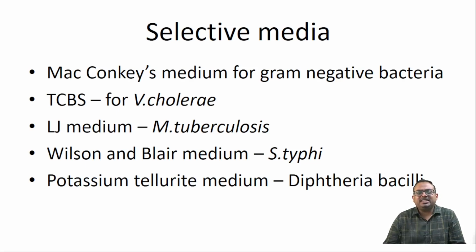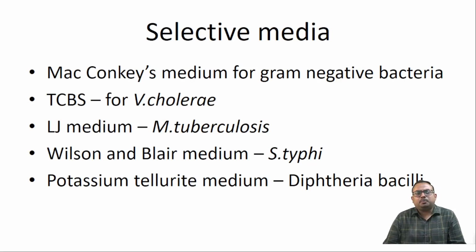Similarly, TCBS is used as a selective media for Vibrio cholerae. Similarly, LJ media, which inhibits the normal commensal oral flora over mycobacteria, is also acting as a selective media. Similarly, Wilson and Blair media is also acting as a selective media for Salmonella typhi.